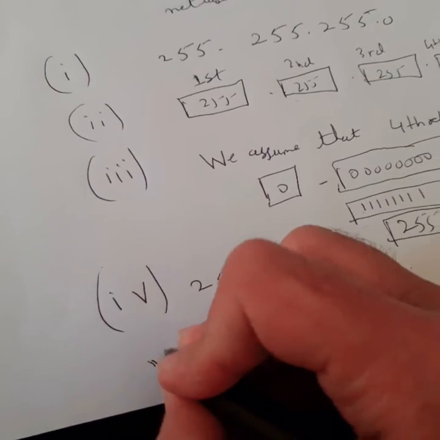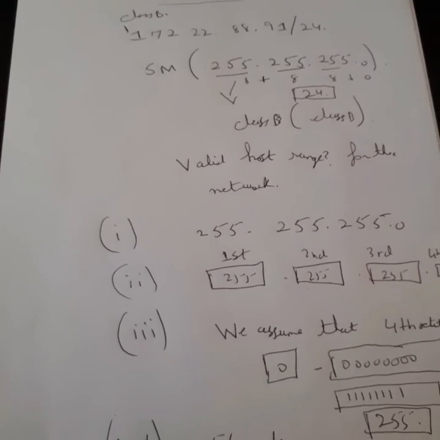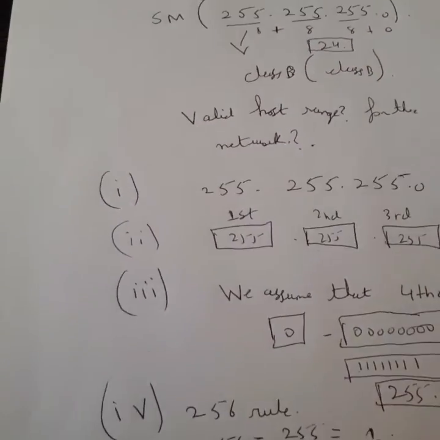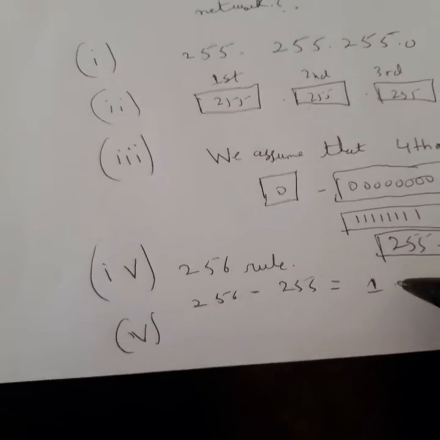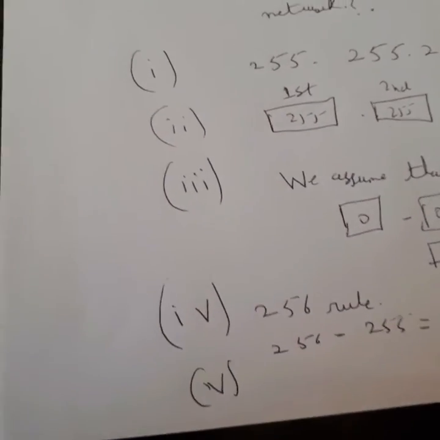Now, the question we were working on is to find the valid host ranges. It's good news that we have got 1 as the range here, which gives us an idea of how our ranges are going to be.